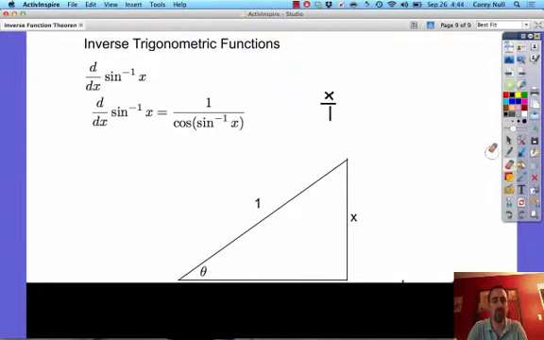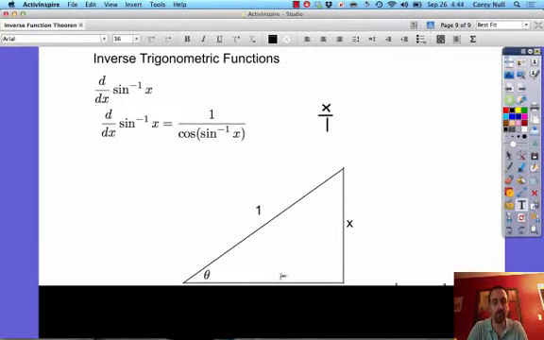Well, we know this is a right triangle, so we can solve if we know this is length 1 and this is length x, and this side we can call a. Then a squared plus x squared must equal 1 squared.